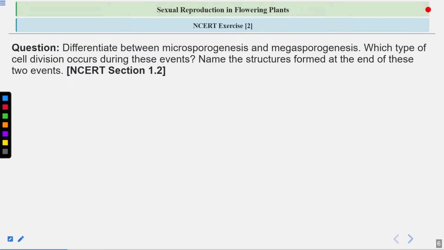This question is also based on NCERT section 1.2. So first of all, you have to differentiate microsporogenesis and megasporogenesis. Let us see the answer.